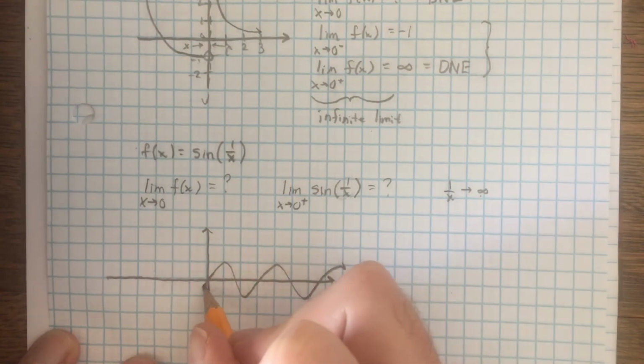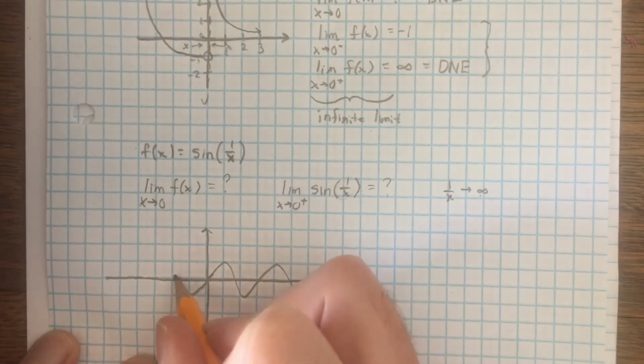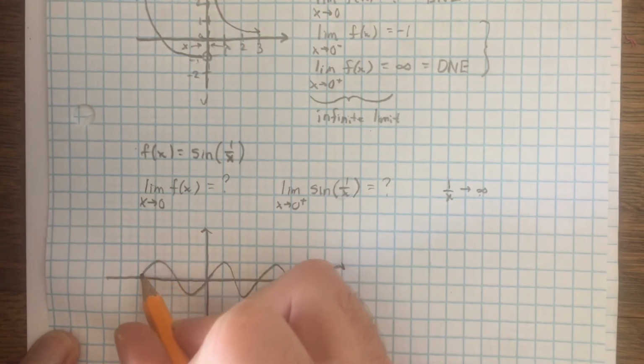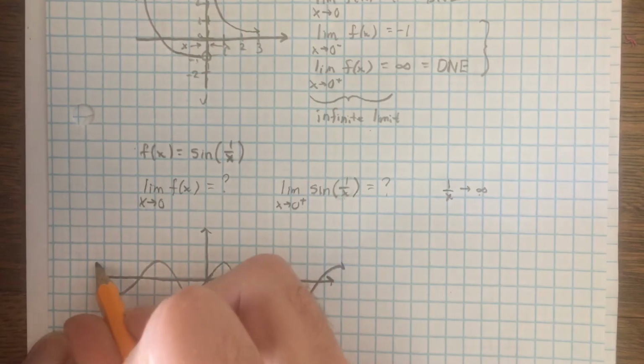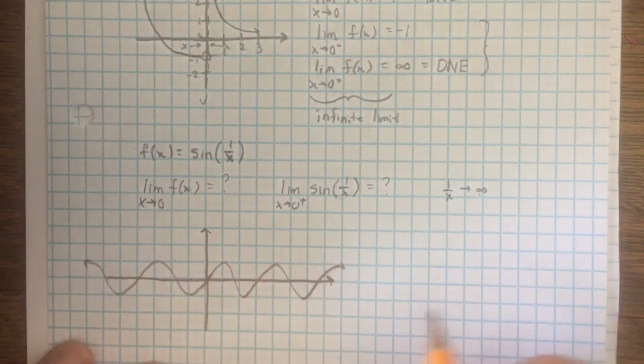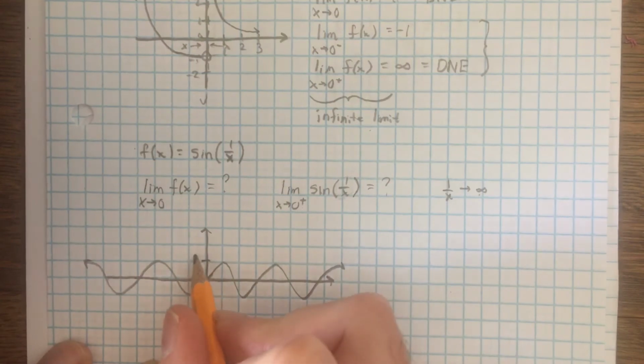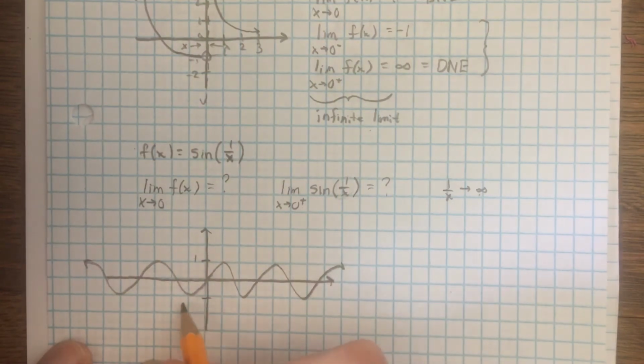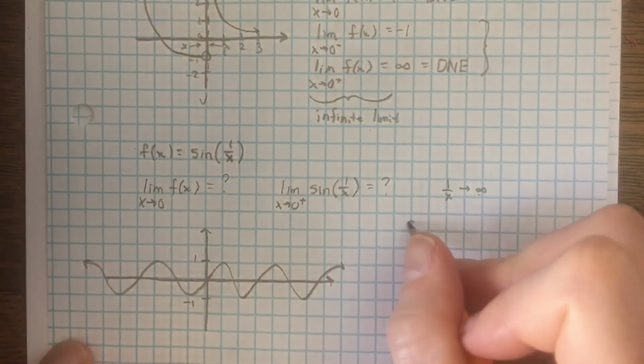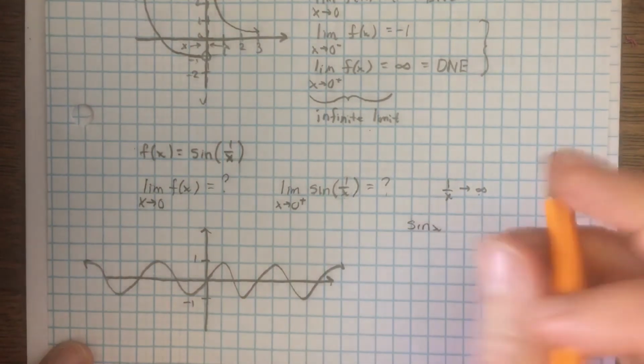To the other direction, same structure. -1, 1, forever. All right, that does not look as nice as I had hoped, but nevertheless, it'll illustrate what we're trying to talk about here. 1 and -1. We know the range of sine.